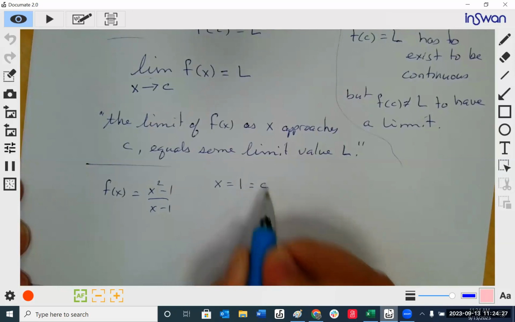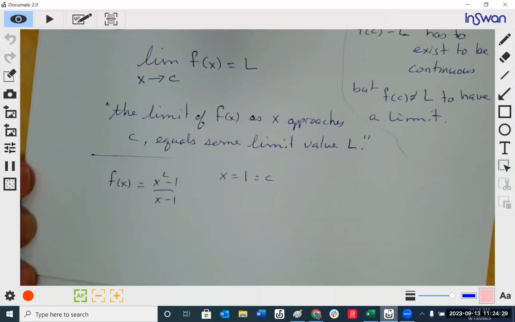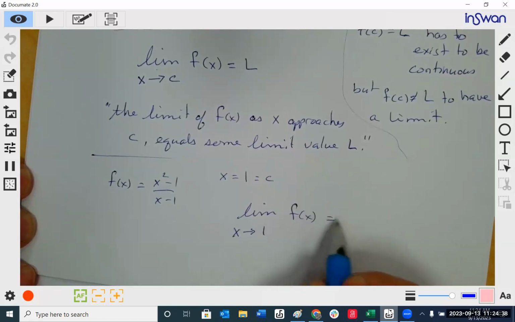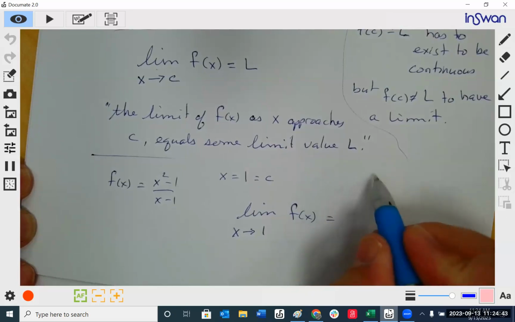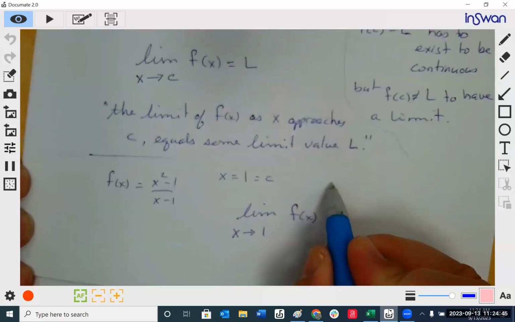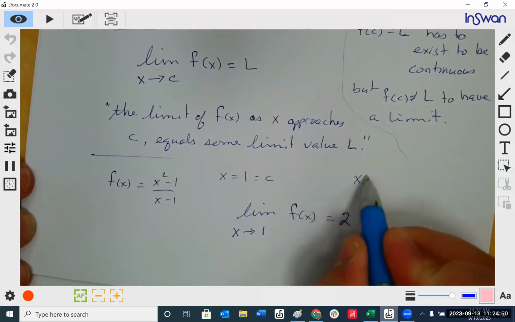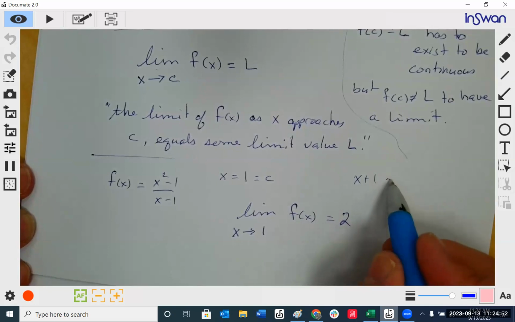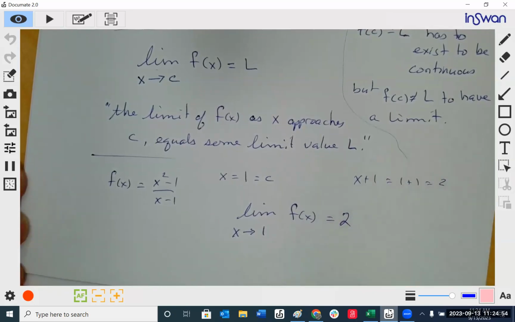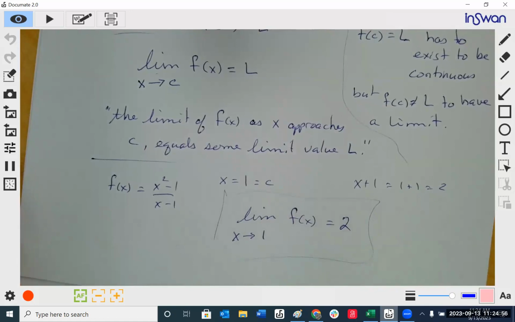This is our c value. What was the number we came up with? Well, remember, after we simplified it, what did it equal? 2. Because after we fixed it, it was x plus 1, which equals 1 plus 1 equals 2. So this is how we'd see it in an equation.